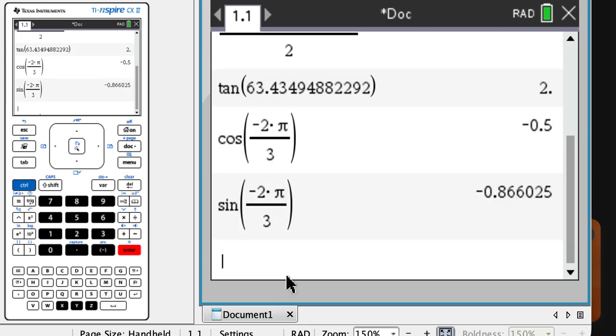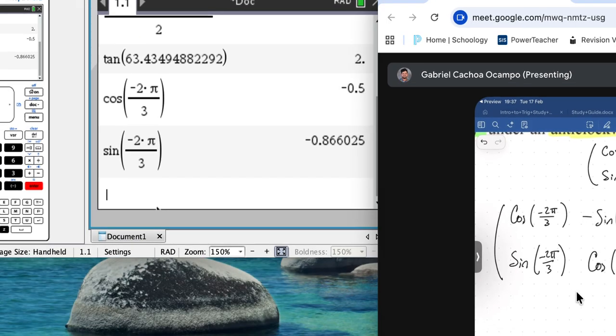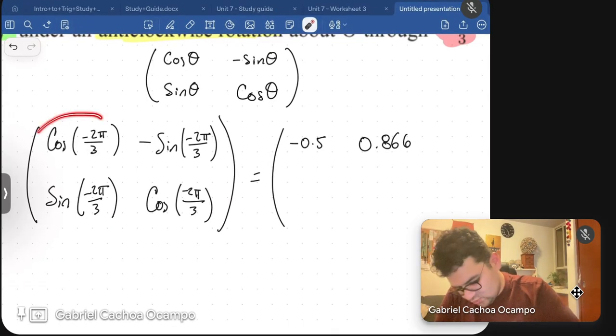Okay, so the cosine is negative 0.5, the sine is negative 0.866. So this one is negative, so I'm going to put it negative.